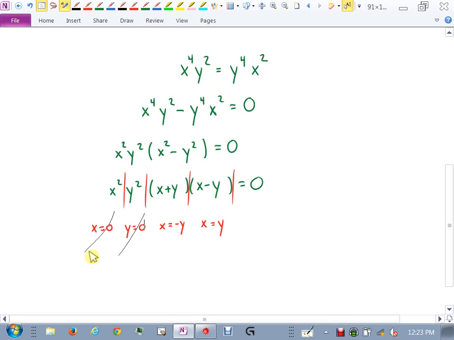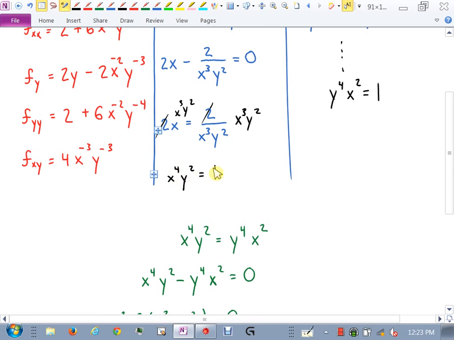So how can I figure out what they are? Am I saying that if x is 2 and y is 2, that would work? 3 and 3 would work? Or if I use 2 and negative 2, it would work? I'm missing something.